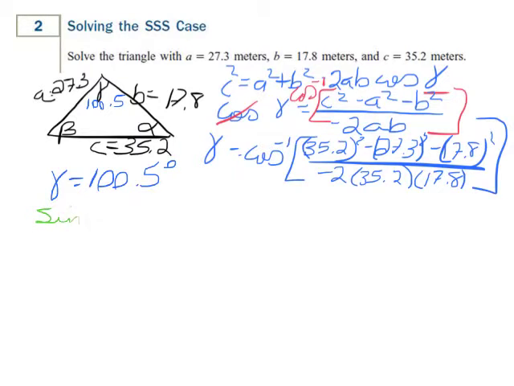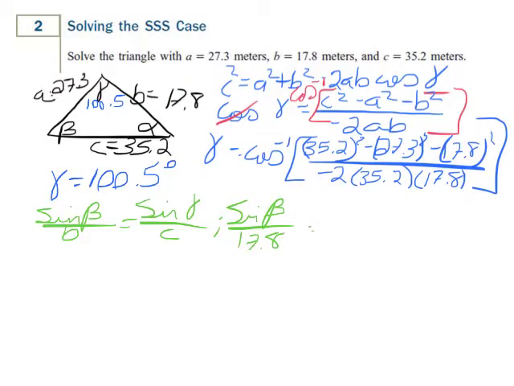So we've got the sine of beta over B, and we've got gamma, so the sine of gamma over C. So we have the sine of beta over, and B is 17.8, equals the sine, and gamma is 100.5, all over C, which is 35.2.